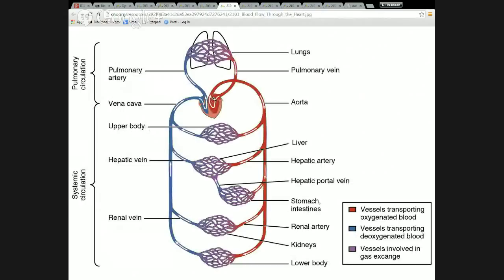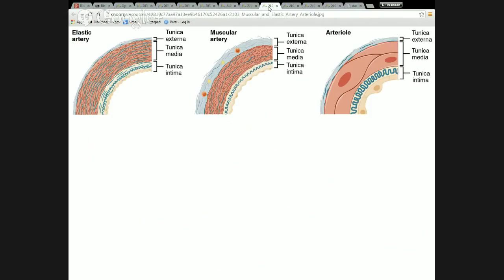As we're considering systemic circulation, the blood has to move through elastic arteries like the aorta, and then through muscular arteries which decide where the blood's going to flow, and then arterioles which go into the capillaries. So blood is going to travel through all 3 types of artery type vessels that I just pointed out here in the systemic circulation. It doesn't go through this type but not this type in some places and vice versa. All 3 types are part of the systemic circulation.